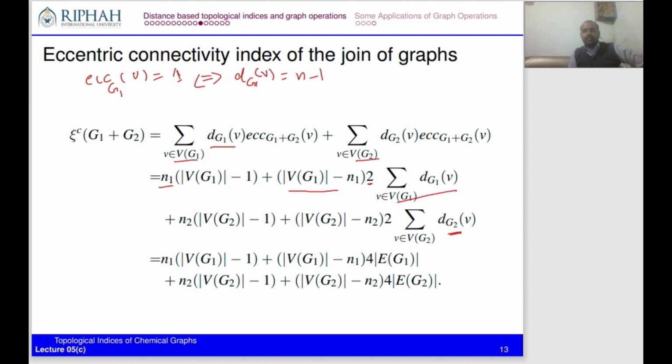Applying this summation, we obtain a simplified expression for the eccentric connectivity index of the join of graphs. So we discussed 4 topological indices: the Wiener index, Hyper-Wiener index, total eccentricity index, and eccentric connectivity index for the join of two graphs.